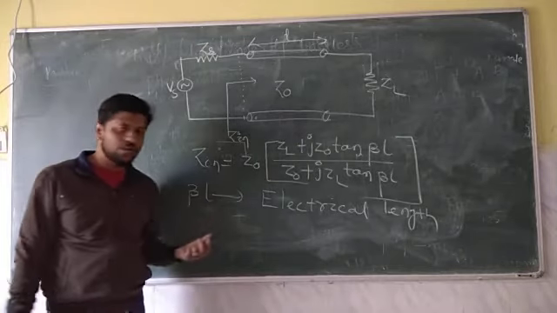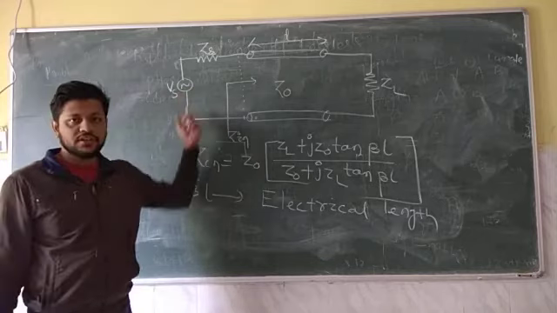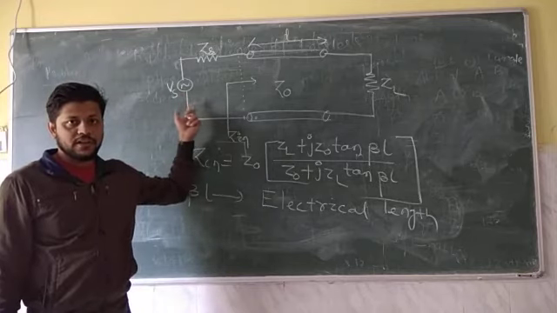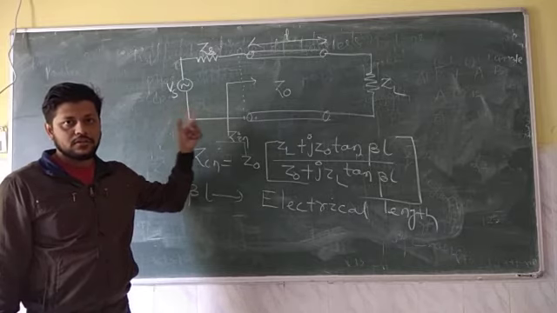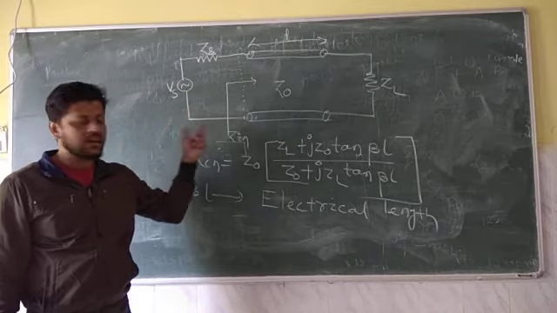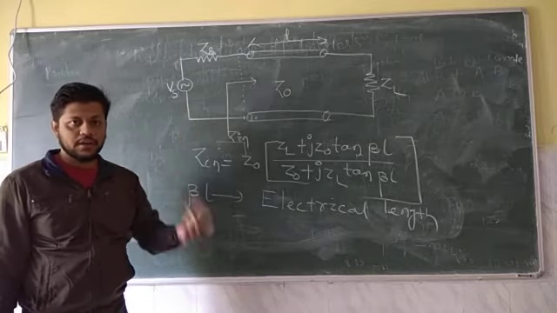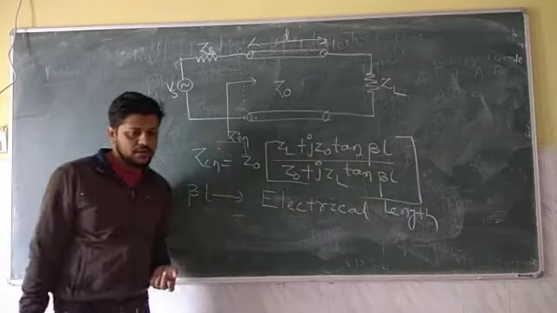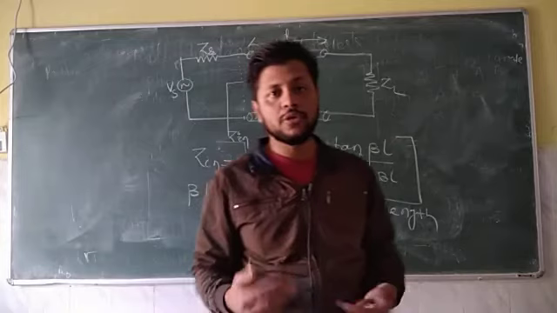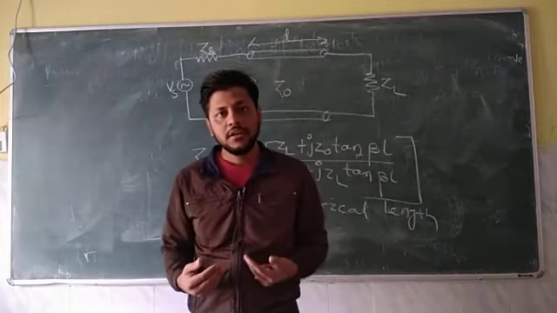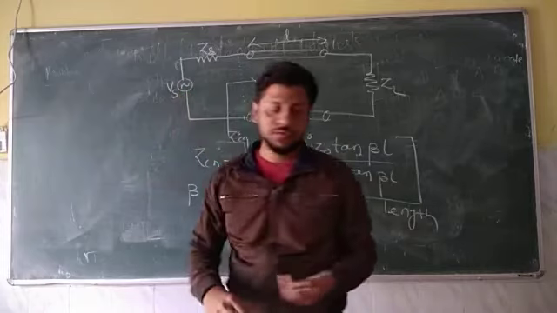L is always compared with the wavelength of the signal, because this is an AC signal. Yes or no? An AC signal has some wavelength. Obviously an alternating signal is measured either in terms of frequency or in terms of wavelength. So we will see how to calculate this. Always we compare the length of the transmission line with the wavelength of the AC source.